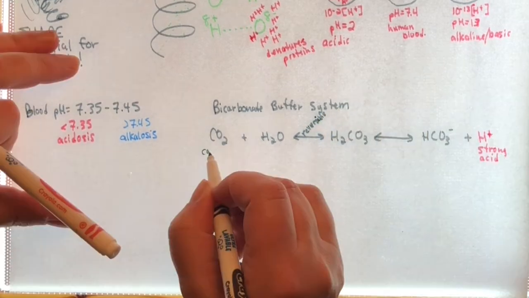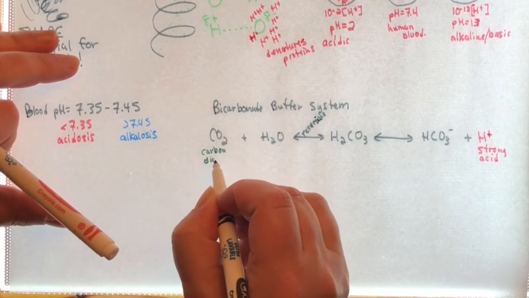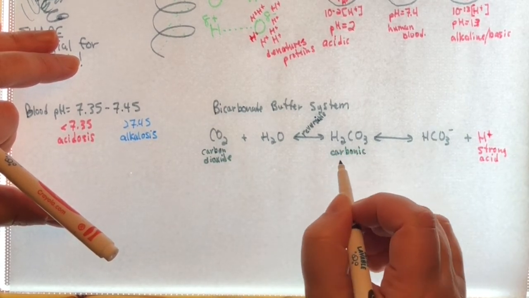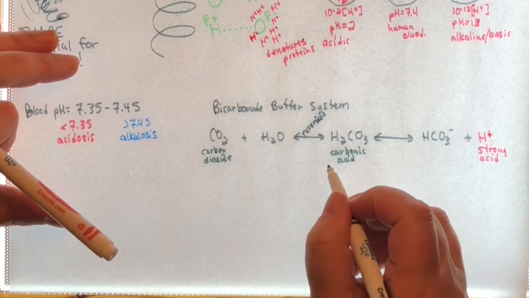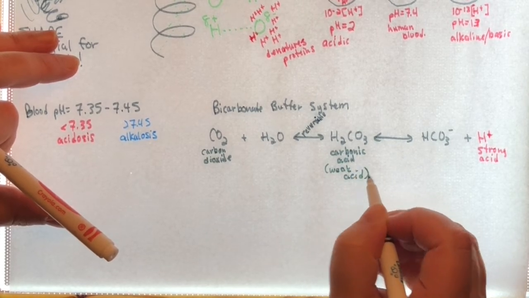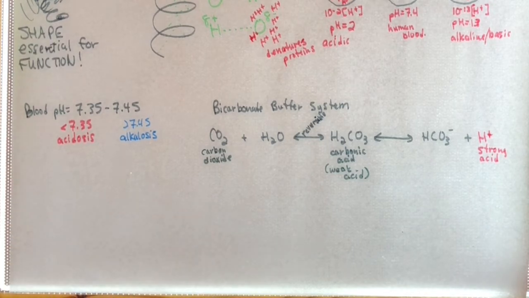So a reversible arrow is an arrow that indicates that an equation can go from the left to the right or from the right to the left. It can go either way. It is reversible. So in this case, carbon dioxide plus water can be converted into this weak acid called carbonic acid. Carbonic acid is a weak acid.